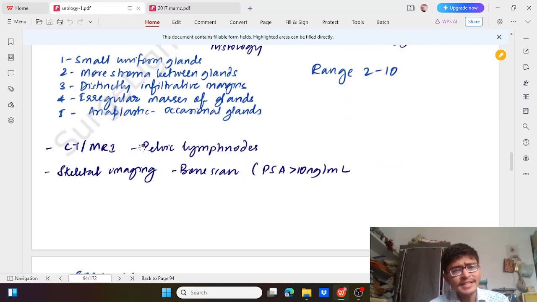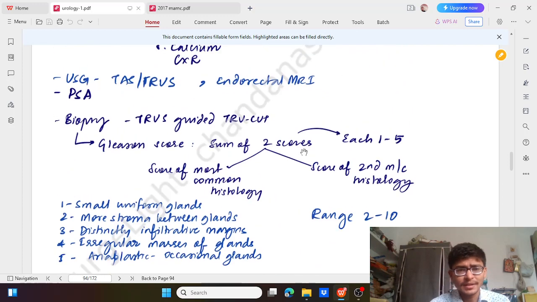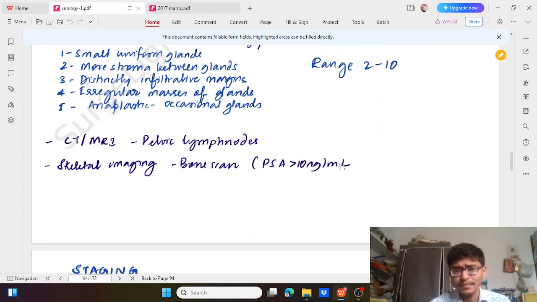Then we'll go ahead with CT and MRI. That will help us in assessing pelvic lymph nodes. Then we have the skeletal imaging, that is the bone scan, especially useful when the PSA is more than 10 nanogram per ml.